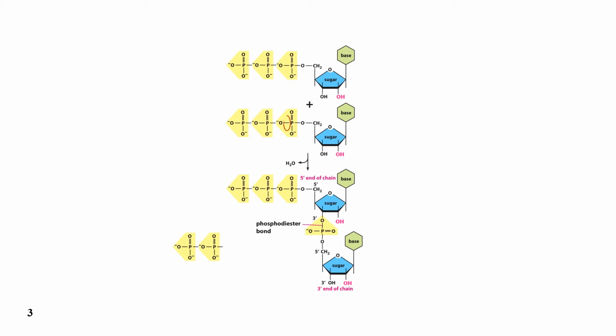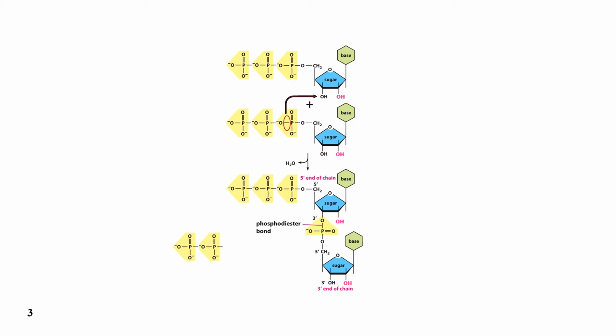The bond between the alpha phosphate and the other phosphate groups is going to be attacked by the oxygen that is part of that hydroxyl group attached to the 3' carbon. That will form a phosphodiester bond.